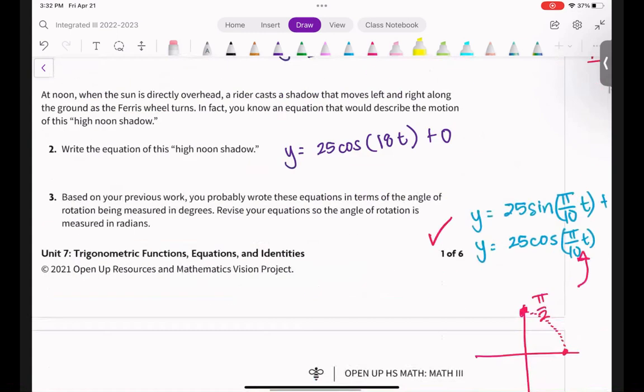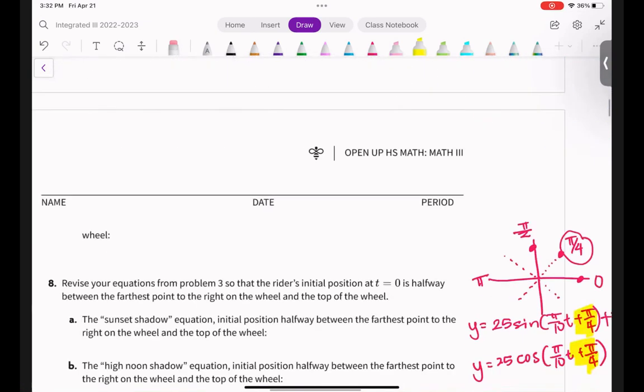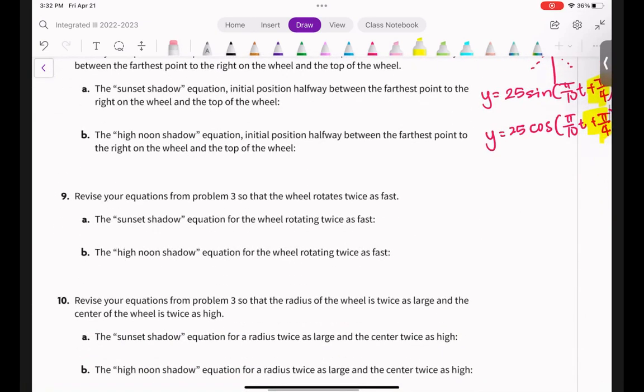Now read it again. It says what happens when the wheel goes twice as fast. So before, if it completes one rotation in 20 seconds, what is the speed now?